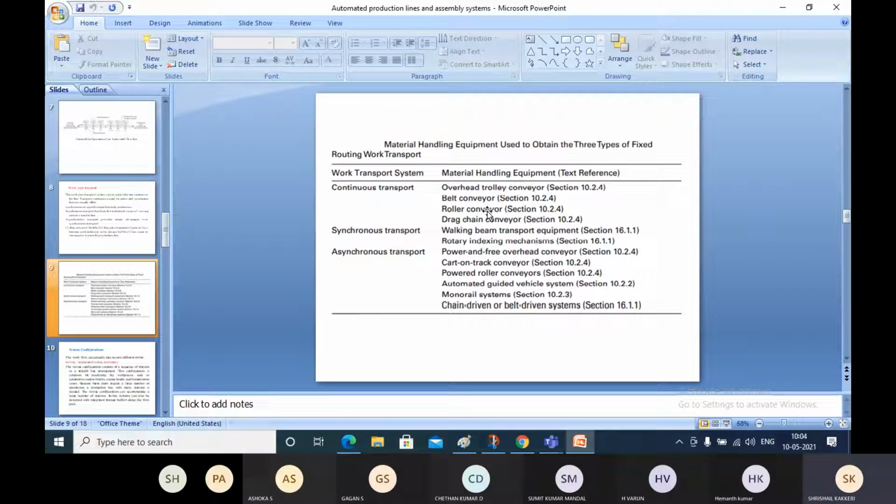When the workstation completes, the automated guided vehicle will be moving on its track, take the part and send it to other stations. These asynchronous transport systems will be used for the machines or workstations which are kept at a larger distance. Okay, that time it may not be possible to have any type of conveyors. We are going to use these types of systems.